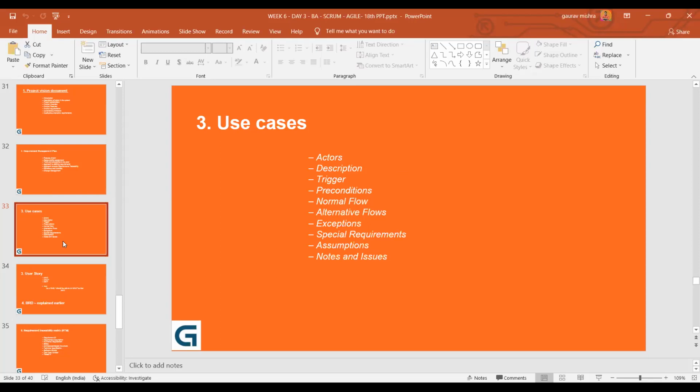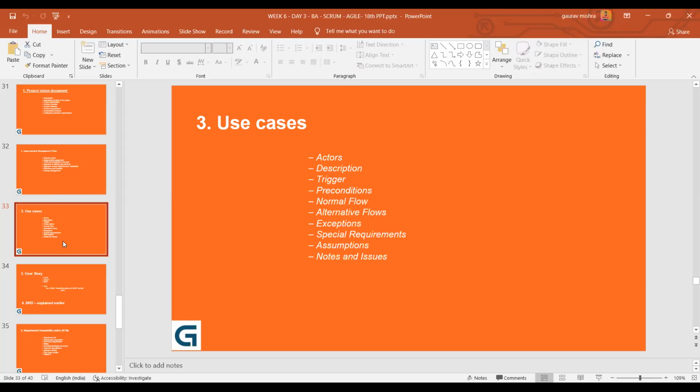A use case is a small section of a requirement, a small feature or small functionality of a bigger requirement. And when this use case will be triggered goes under the trigger section.